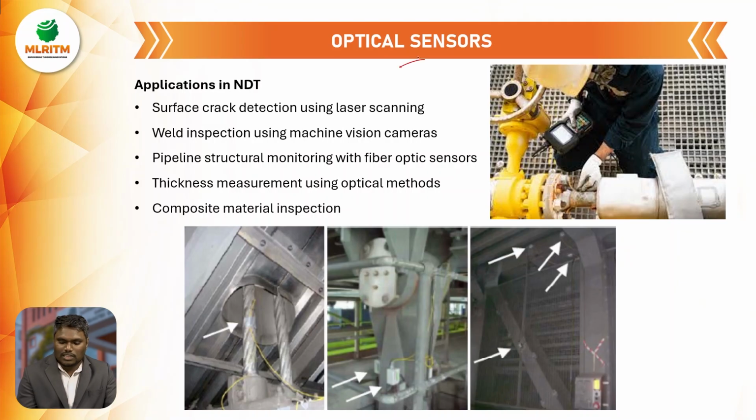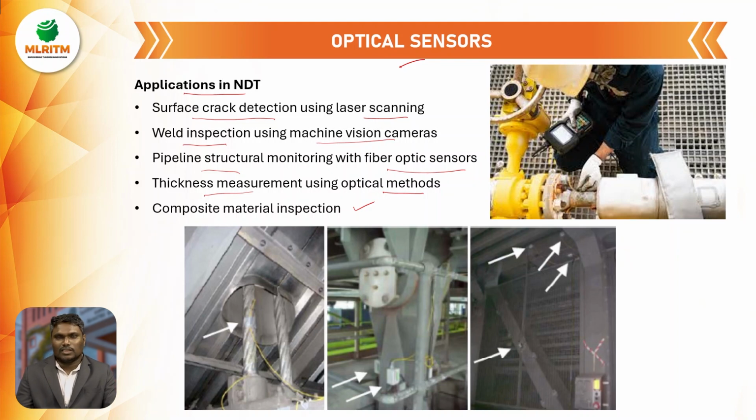So optical sensors have a wide variety of applications in NDT. They can easily detect surface cracks using laser scanning. They can also be used for weld inspection using machine vision cameras, pipeline structure monitoring with optical fiber sensors, thickness measurement using optical methods, and composite material inspection.